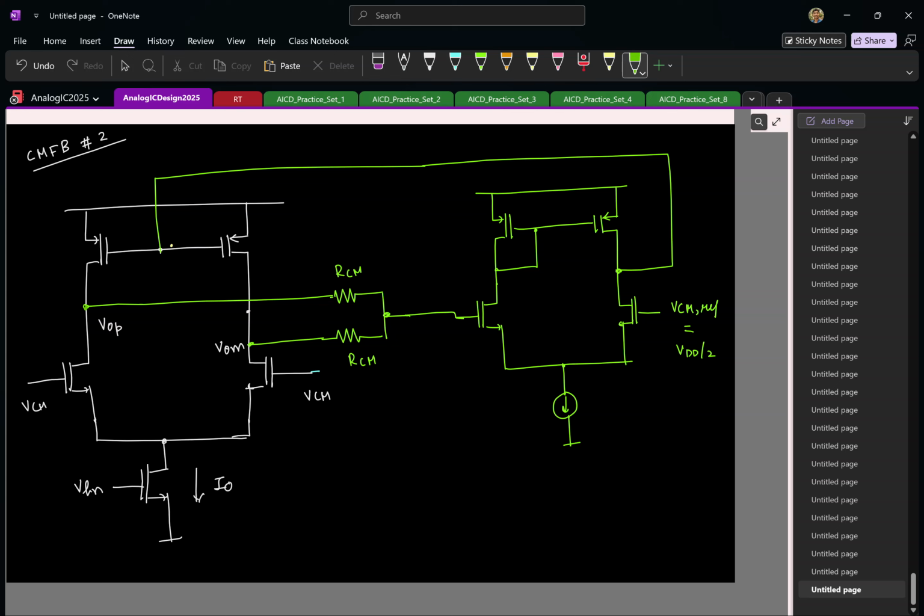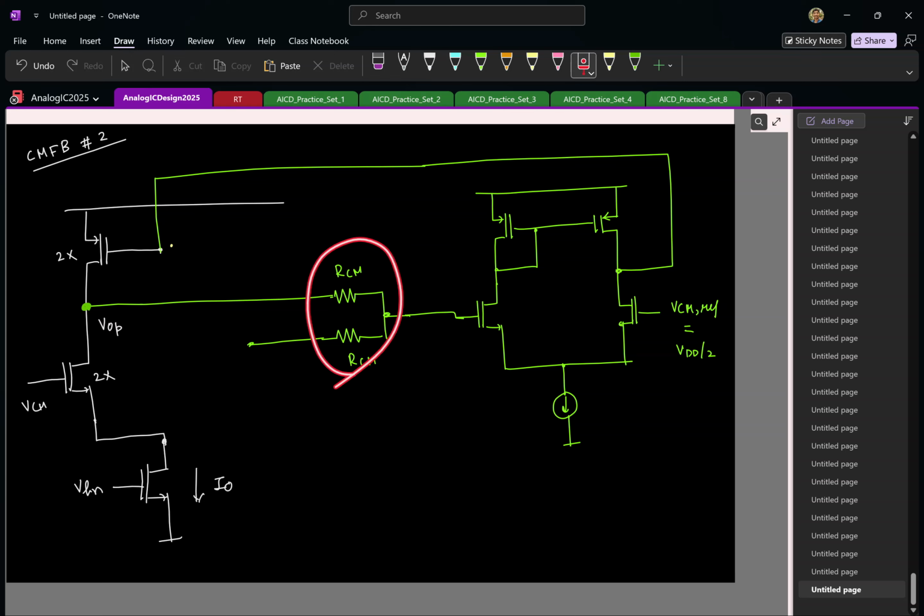So as usual, these two nodes will be identical, so I can short them. If I short them, once again the transistors are going to get put in parallel. So I'll have only one PMOS here, size 2x. Similarly, I just have one NMOS, also size 2x. And what happens to the resistors? That becomes parallel.